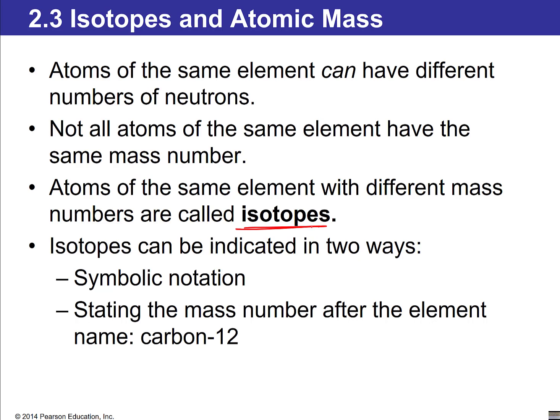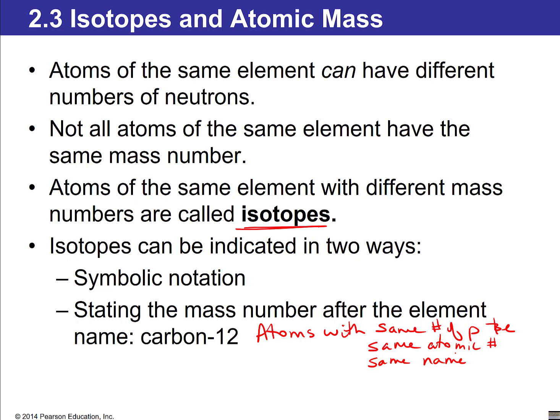Isotopes are atoms with the same number of protons and electrons, same atomic number, same name, but they differ by numbers of neutrons, and that changes their mass.